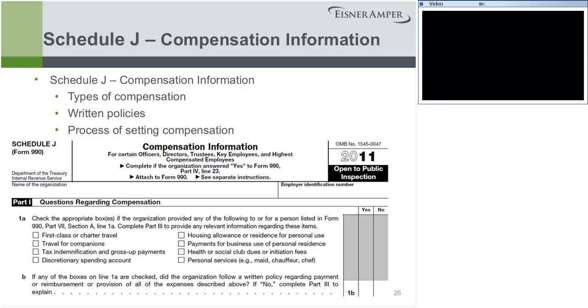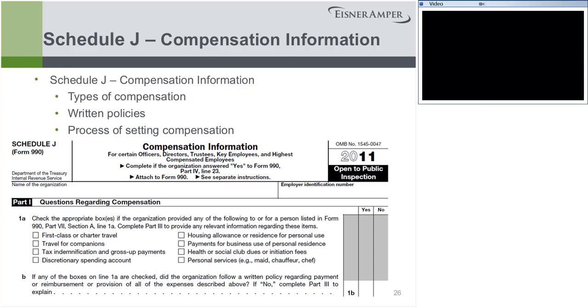Again, this is one of those schedules where I hope that they paid somebody over 150, because if they did and they have to fill this out, I get all sorts of answers to what they provide to their employees. This asks about housing. It asks about first-class travel. It asks about expense reimbursement policies. It asks about compensation setting policies.